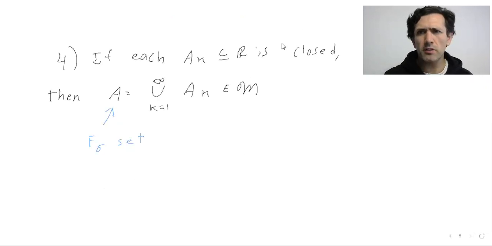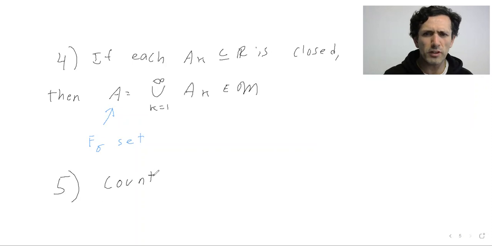Okay, so last but not least, and this might sound really weird, but it's not, as we'll see. Countable unions and countable intersections of F sigma and G delta sets are very natural. We'll do an example of this in a moment.